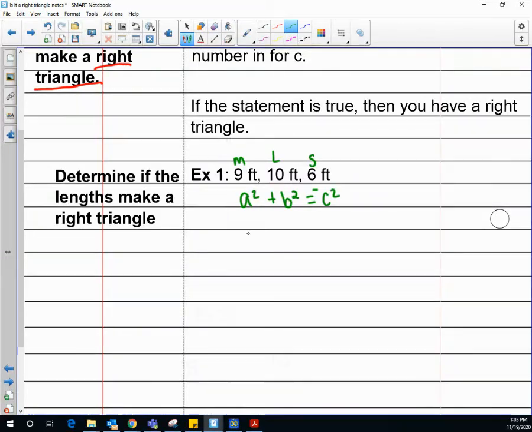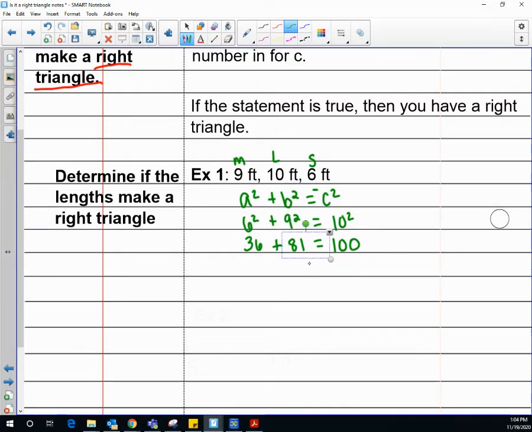We're going to plug in the two small sides, and it really doesn't matter in that case which one goes where. We go 6 squared plus 9 squared, and we're going to see if that equals 10 squared, sorry. So we just plug in the values, always making sure the biggest one goes in for c, and then we work these out. 36 plus 81 equals 100?